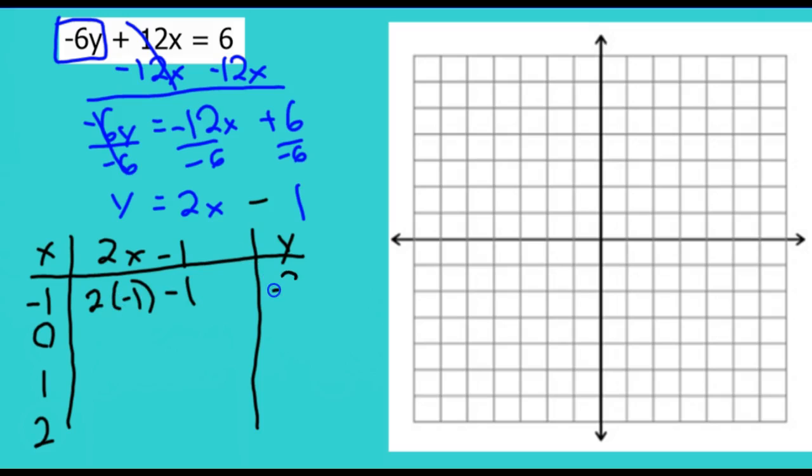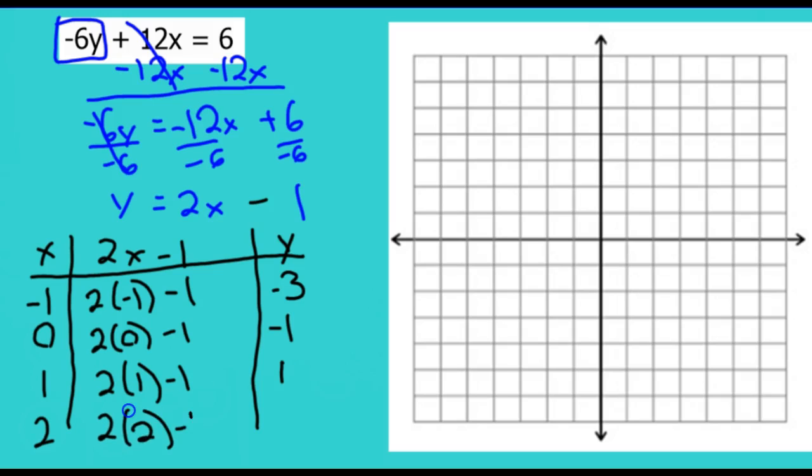Minus 1 is a negative 3. 2 times 0 minus 1 gives us a negative 1. 2 times 1 minus 1 gives us a positive 1. And 2 times 2 minus 1 gives us a positive 3.